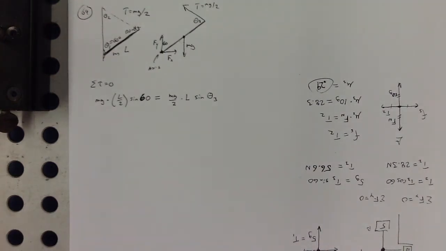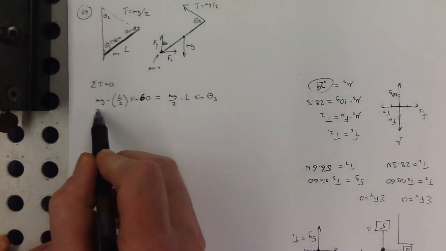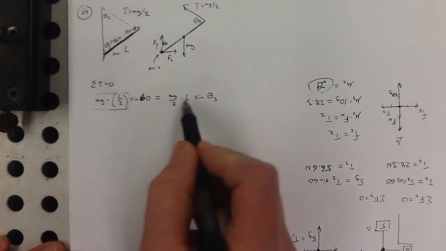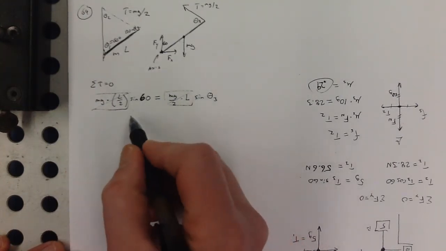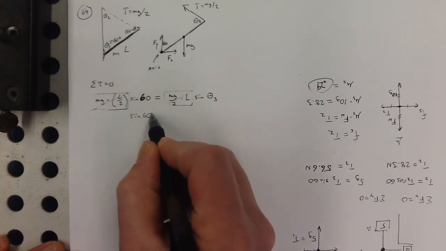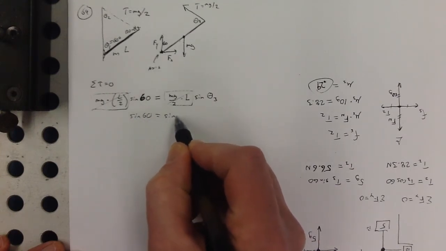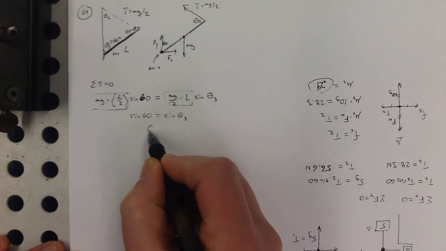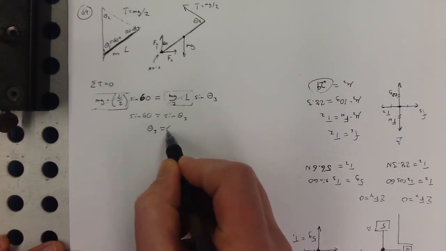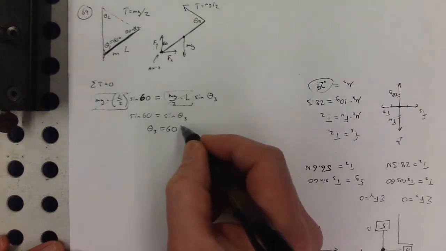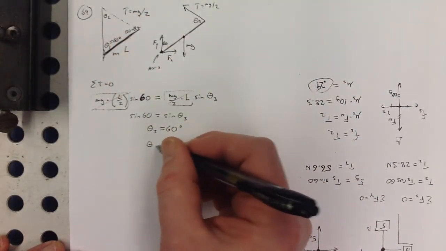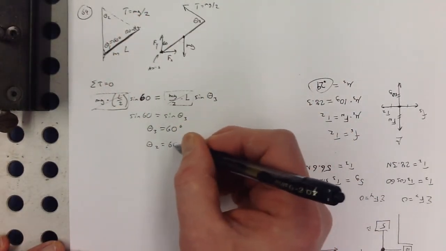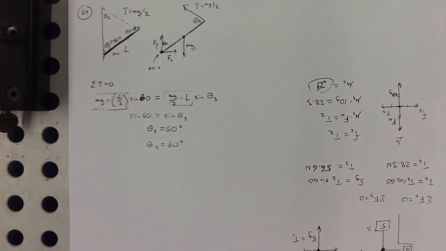Well, looky what we have here. I've got mgL over 2, mgL over 2. Those cancel. Sine 60 is equal to sine theta 3, so then I guess theta 3 has to be 60, right? And if that's 60 and that's 60, then theta 2 is also 60 degrees. So that worked out awfully nice.